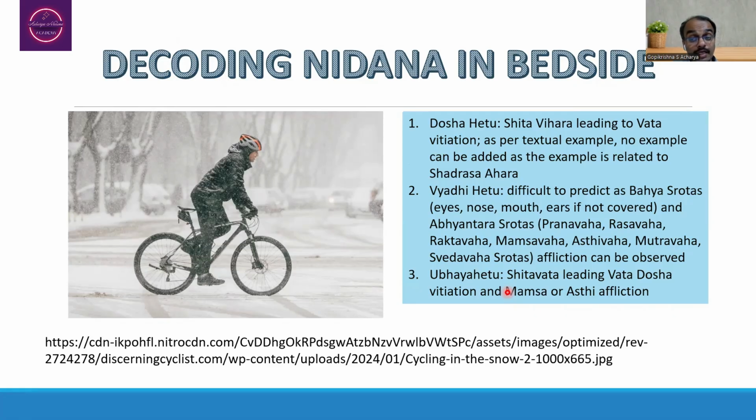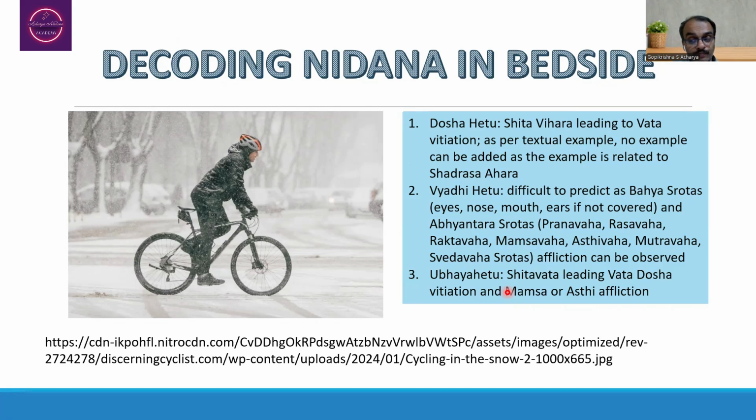Whereas vyadhi hetu is a little bit difficult to predict. When you think about the bahya srotas, there may be the possibility of exposure of the eyes, nose, and ears to the shita vata.